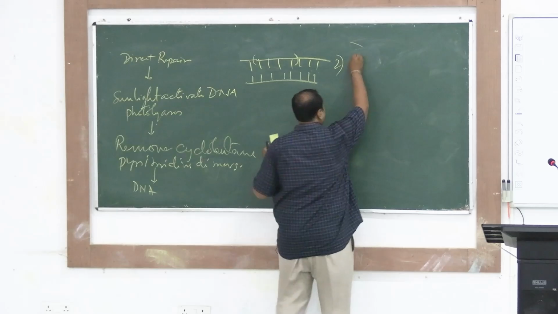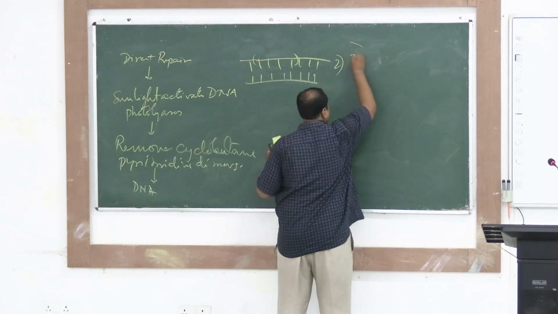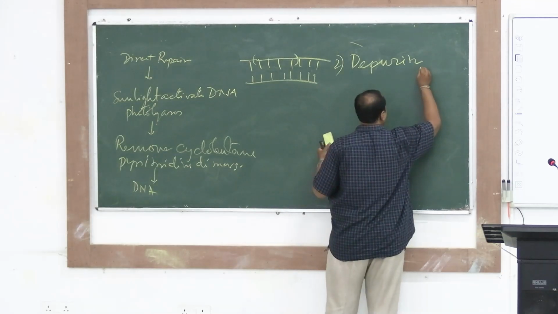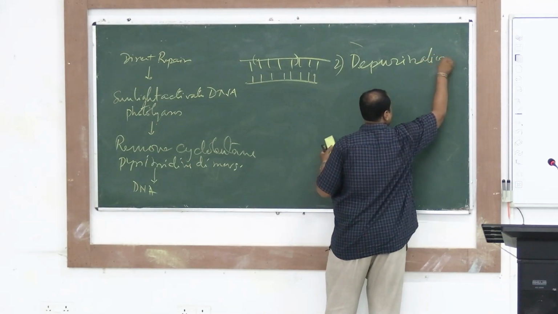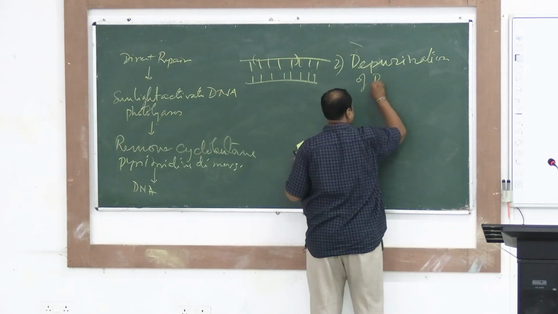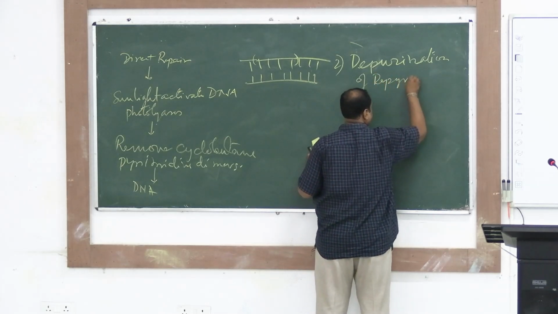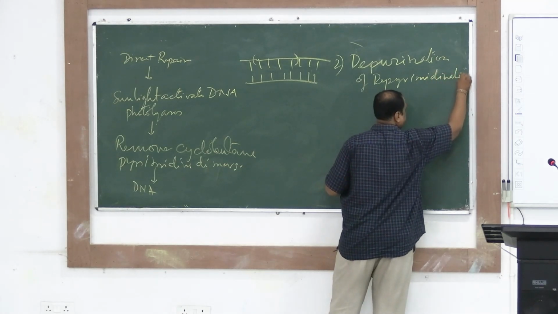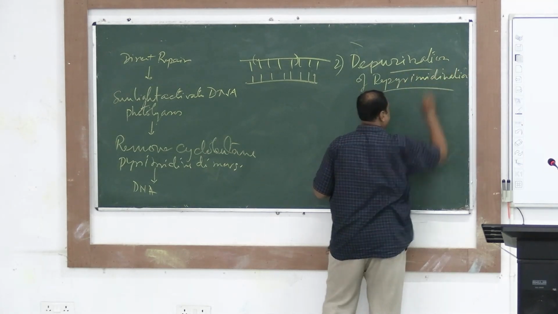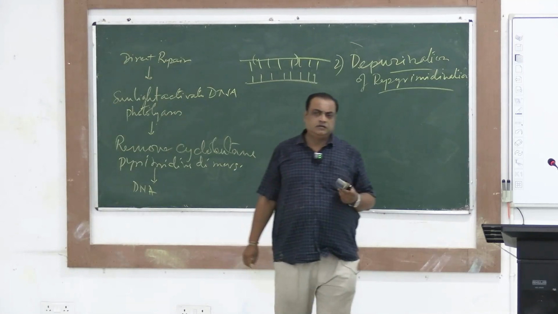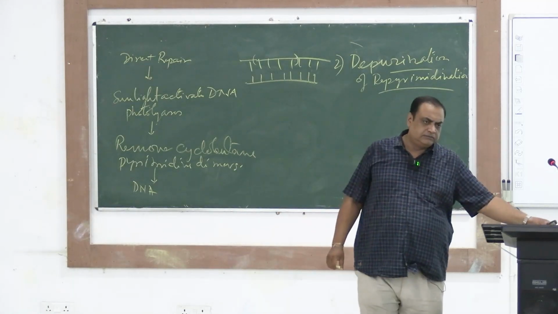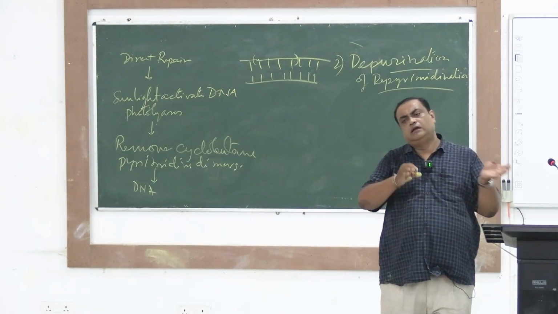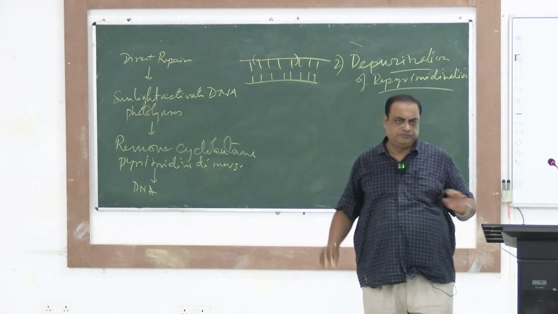Number 2 is, a thymine dimer is formed or an alkylated pyrimidine is formed.